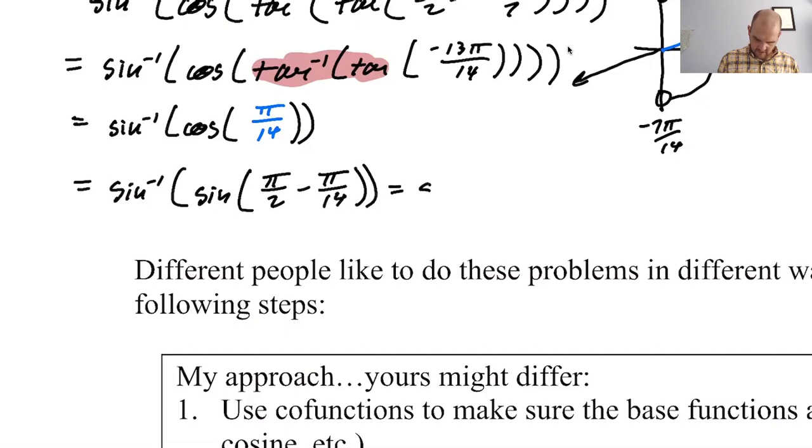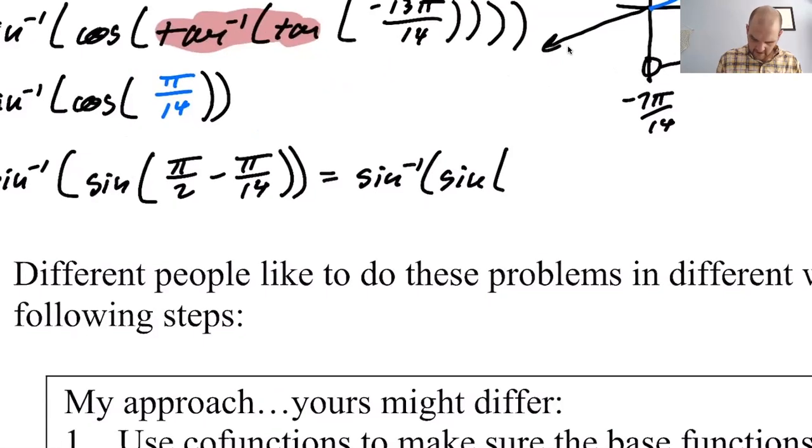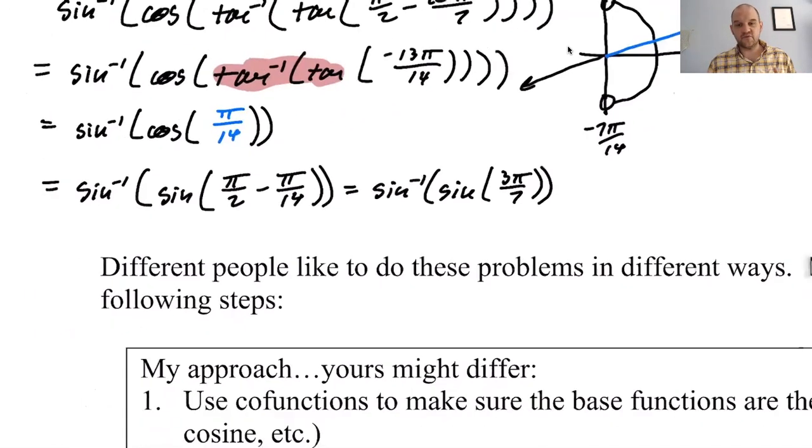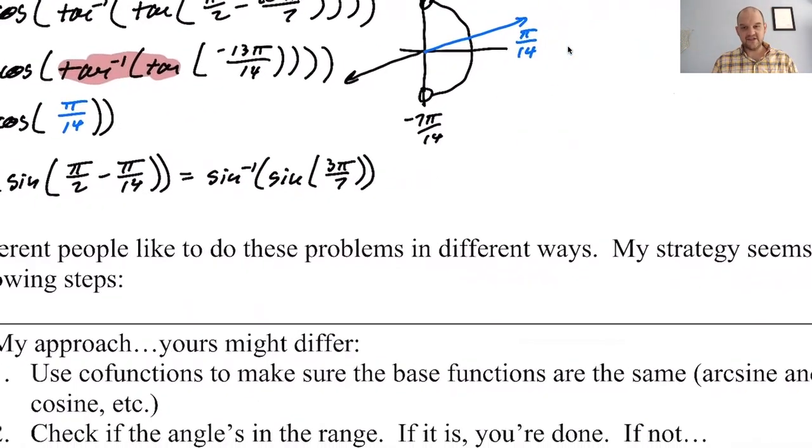This will become the sine inverse of the sine of, so 7 pi minus pi is 6 pi over 14, which is 3 pi over 7. So if 3 pi over 7 is in the range of arcsine, it is our answer.